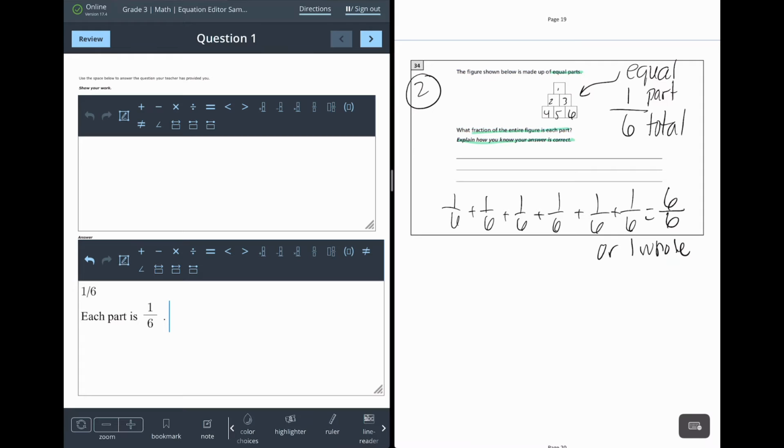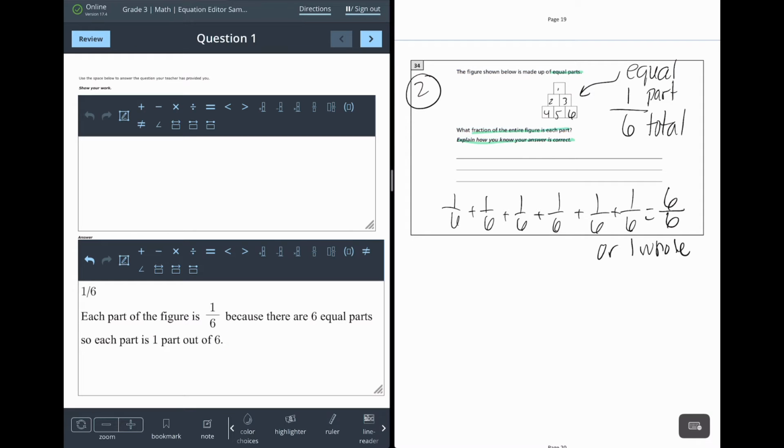So I have to give a because statement. So each part of the figure is 1/6 because there are 6 equal parts. So each part is, I want to put this in words, 1 part out of 6. And then I could even put in my sentence.